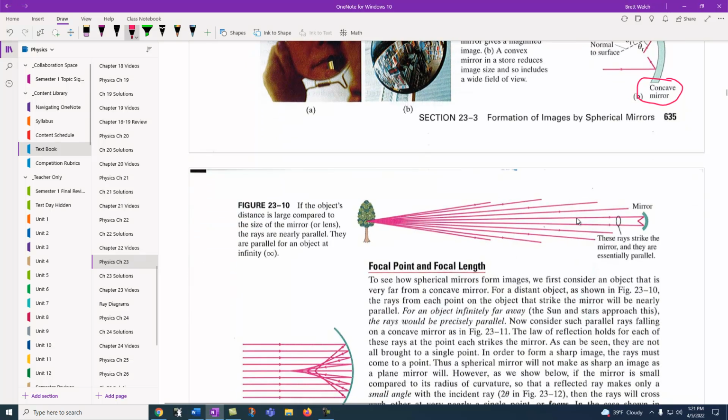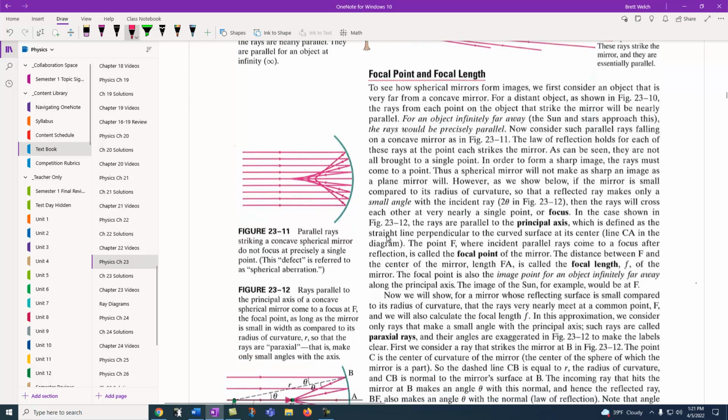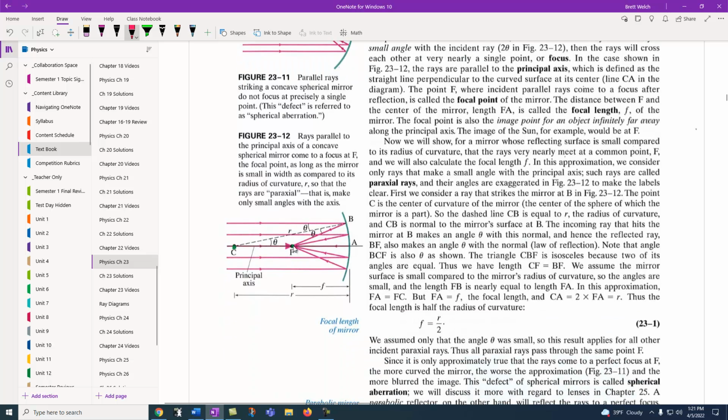All right, a couple things we need to understand: there is a focal point for all of these mirrors. If you send parallel light in, it all bends towards a specific point. That point is called the focal point, and it has a very specific location relative to the curvature of the mirror.